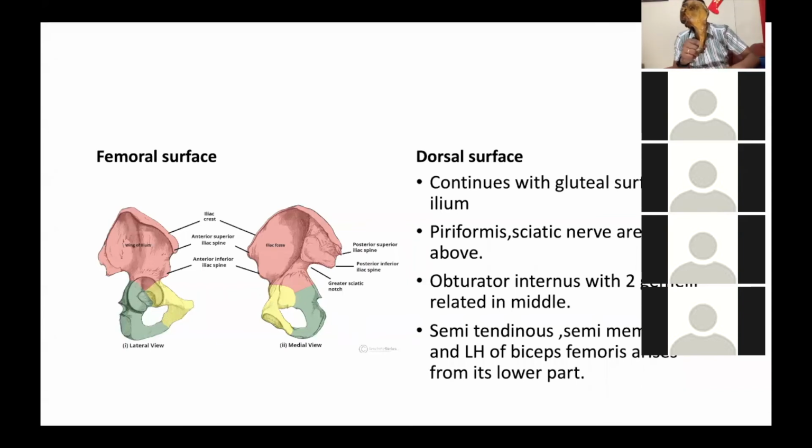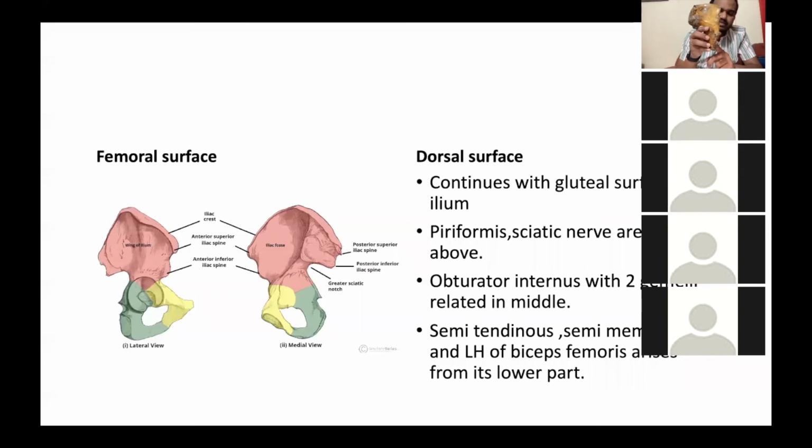Is it clear? Yes, sir. The lateral border is continuous with the ischial tuberosity. That's all about the borders.